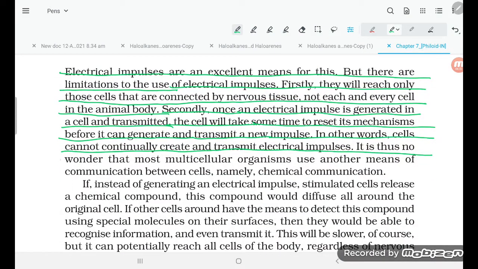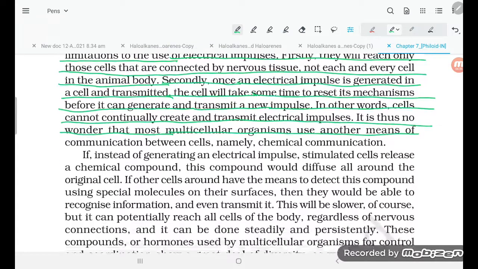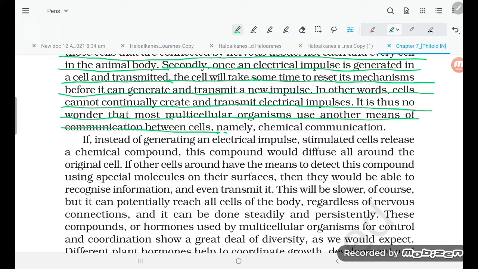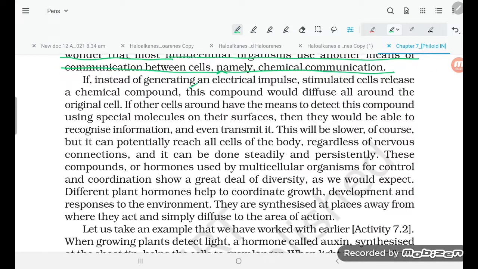It is thus no wonder that most multicellular organisms use another means of communication between cells, namely chemical communication. If instead of generating an electrical impulse, a stimulated cell releases a chemical compound, this compound would diffuse all around the original cell.